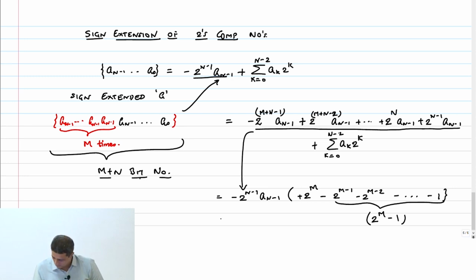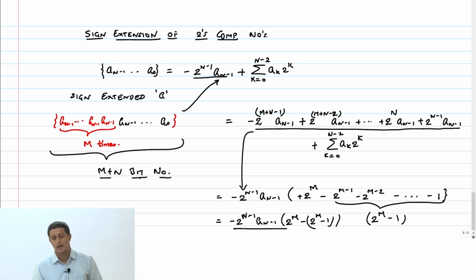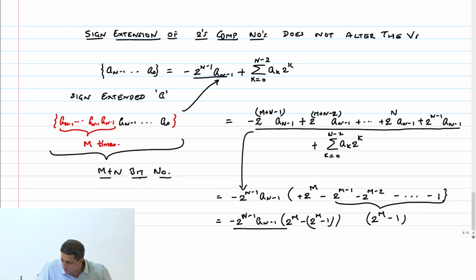Therefore, we will get minus 2 power n minus 1 a n minus 1 into 2 power m minus 2 power m minus 1, which is nothing but minus 2 power n minus 1 a n minus 1. Therefore, sign extension of 2's complement numbers does not alter the value.